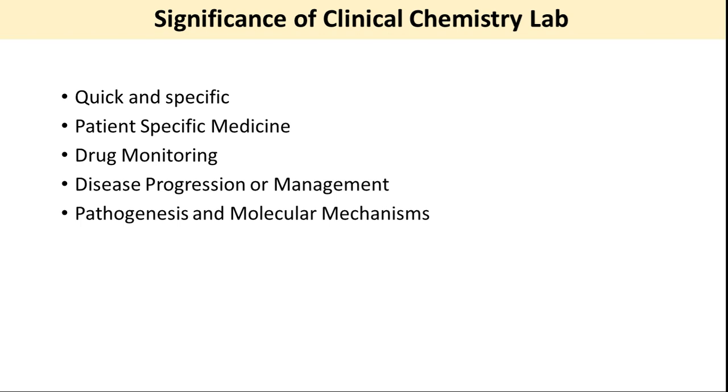And a very, very important area where biochemistry is going at rapid strides is pathogenesis and molecular mechanism study. Right now corona infection has come. So which subject is helping in elucidating molecular mechanisms here, how actually the virus is coming, how it is attaching to a particular cell, how it is entering into the cell, and where you have a difference in biochemistry between the present virus and other virus particles that we have, is biochemistry.